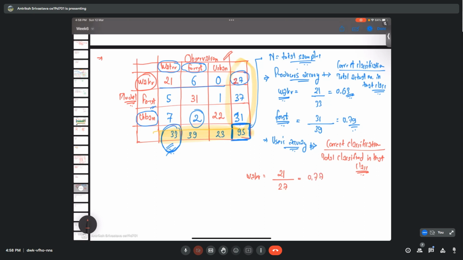In the same way, what will it be for urban? No, no, no. Look at it carefully, Abhishek. Numerator is correct classification.